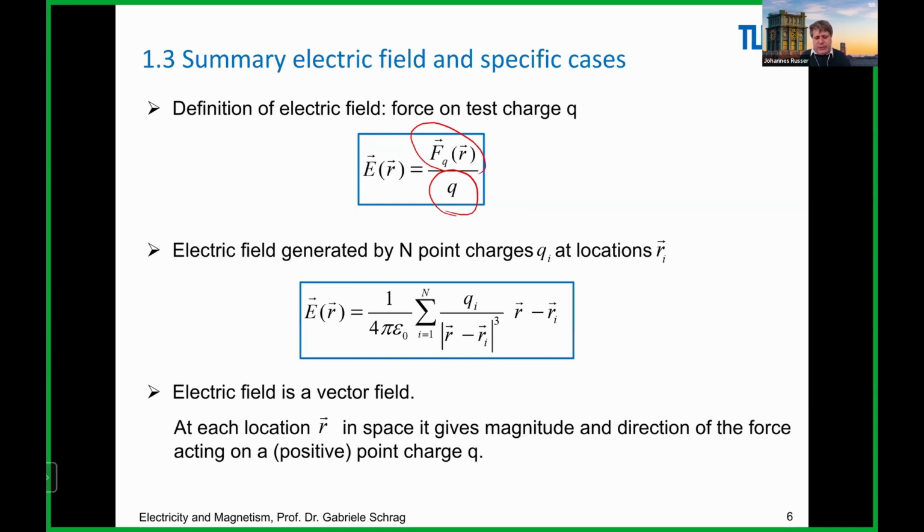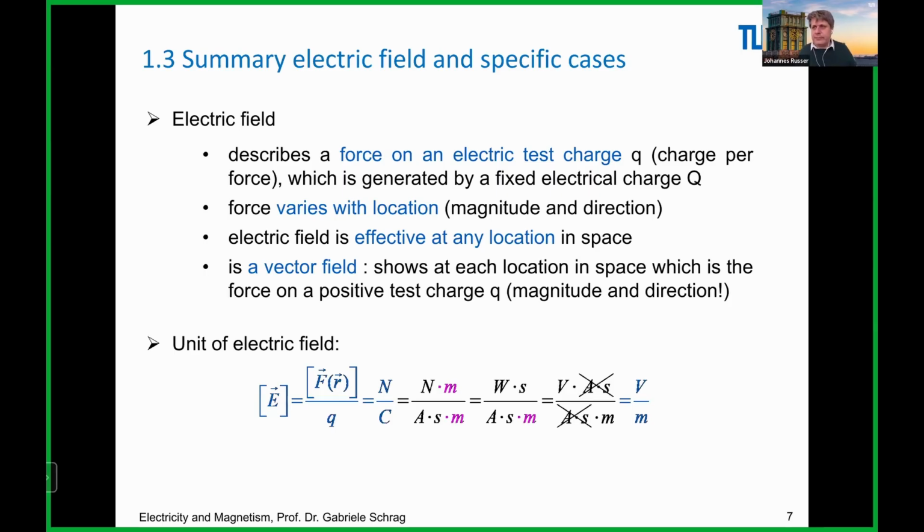And that is the magnitude and direction of the force that would be acting on that given point charge Q. So the electric field, to summarize that, is describing the force on an electric test charge. It is force per charge, which is generated by a fixed electrical charge Q.